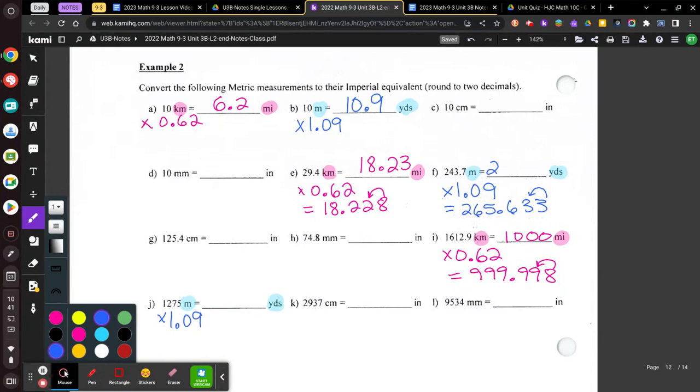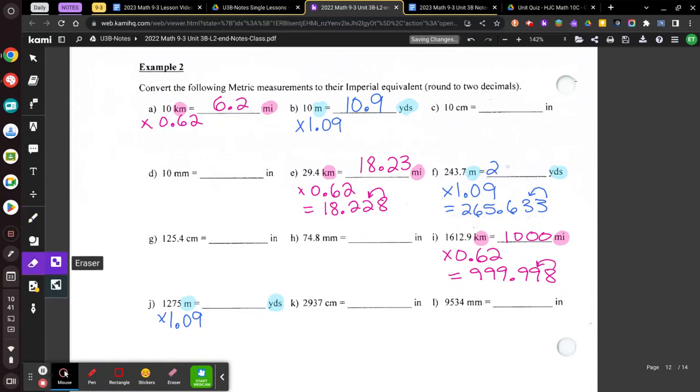So it's 265.63. All right, last one, 1275 times 1.09. This gives me 1389.75. All right, we've done all the meters to yards.